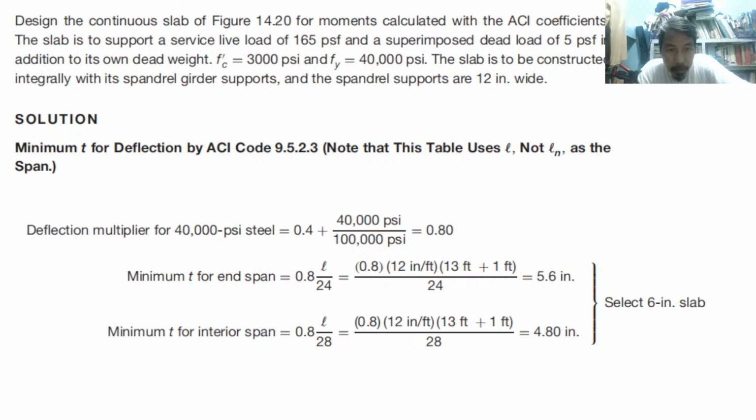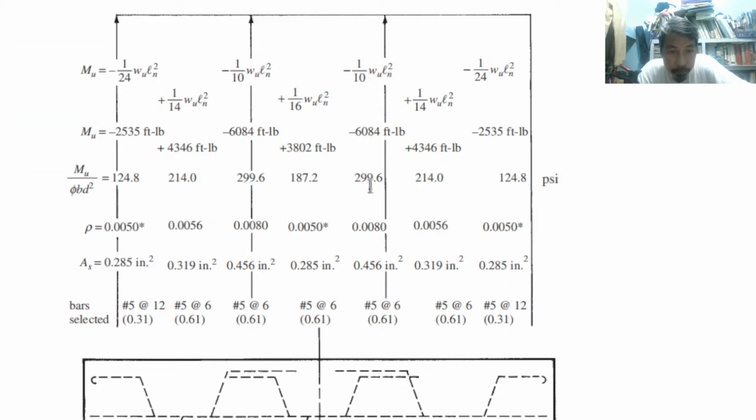Okay, moment is 6084. So here is our moment, 6084. So I am showing you how to calculate this. Also calculate this one, calculate this one, calculate and calculate. So calculate all of these moments.